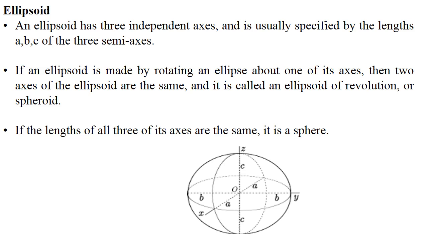If an ellipsoid is made by rotating an ellipse about one of its axes, then two axes of the ellipsoid are the same, and it is called an ellipsoid of revolution or spheroid.